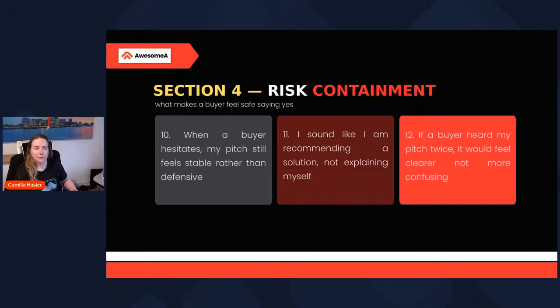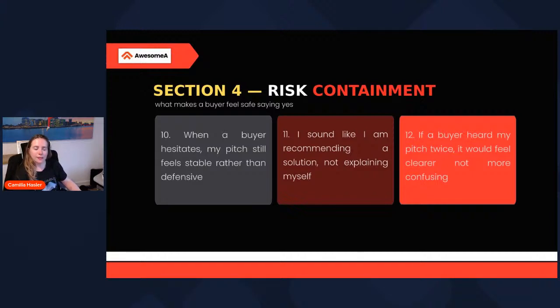Okay, double check that. So 0, 1, or 2 for number 10. And then when you've done that, move on to number 11. I sound like I am recommending a solution, not explaining myself. Do you sound like you're recommending a solution or explaining or justifying something? So 0, 1, 2 for that.